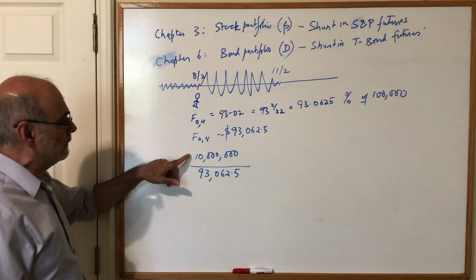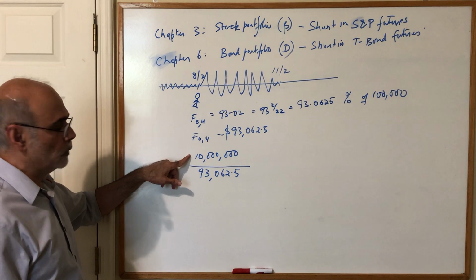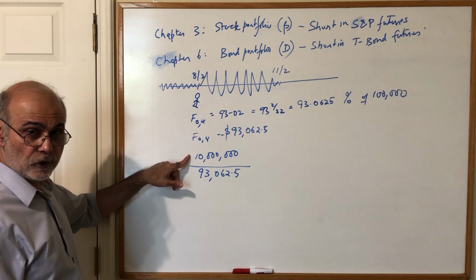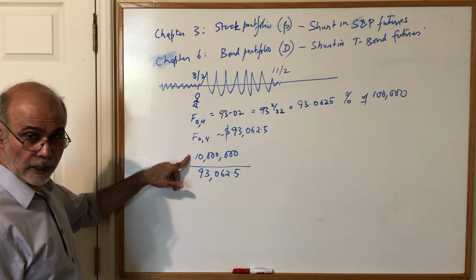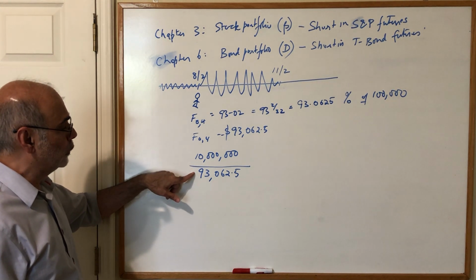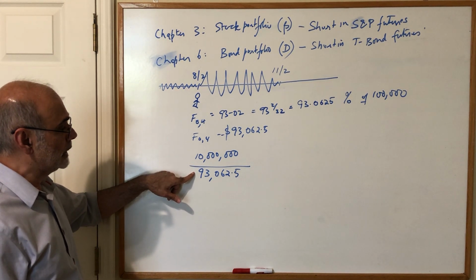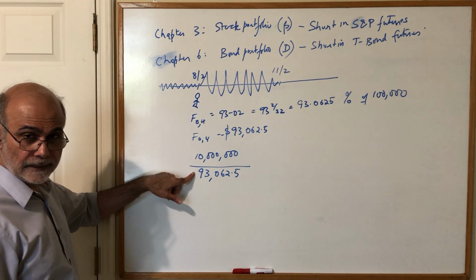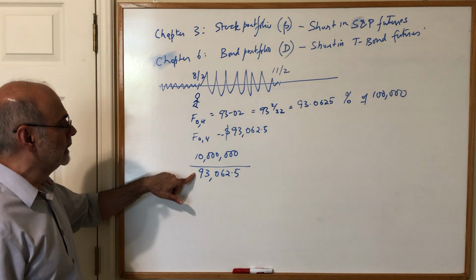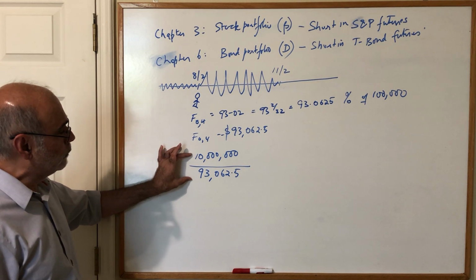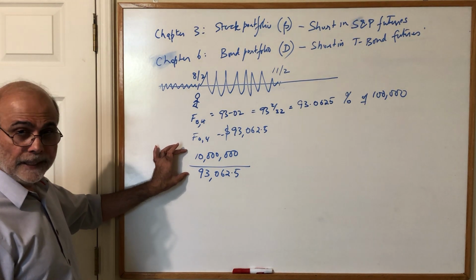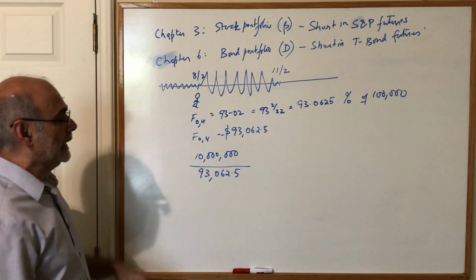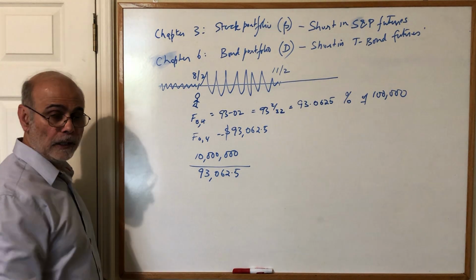Because you have $10 million worth of bonds, right? If you take a short position in one futures contract, it'll allow you to unload $93,062.5 worth of bonds. Is that clear? Because that's the futures price. Okay? So if I divide 10 million by this, that'll give me the number of contracts I have to short, right? And I could unload my entire bond portfolio.